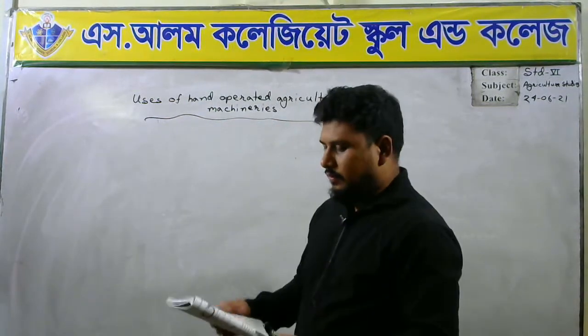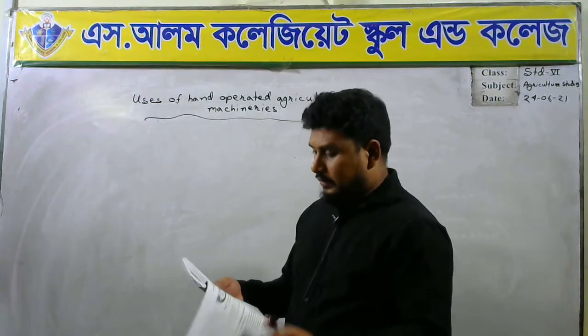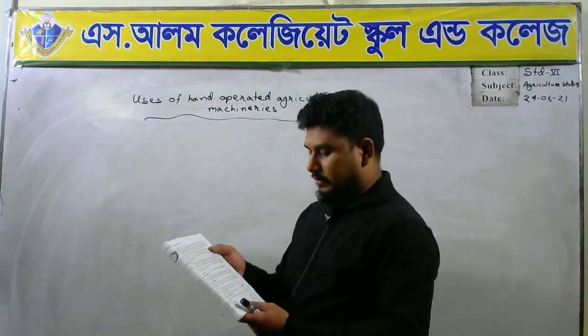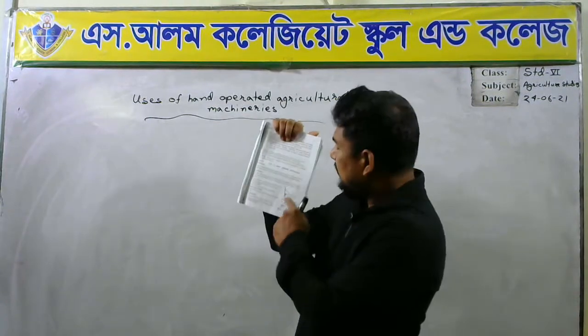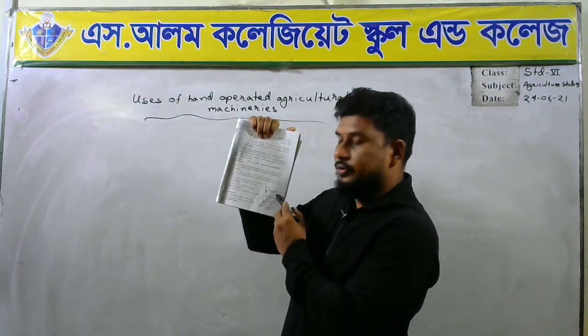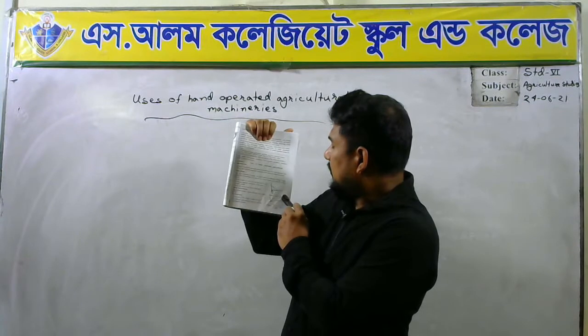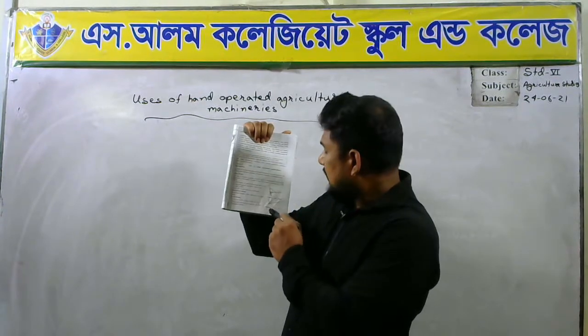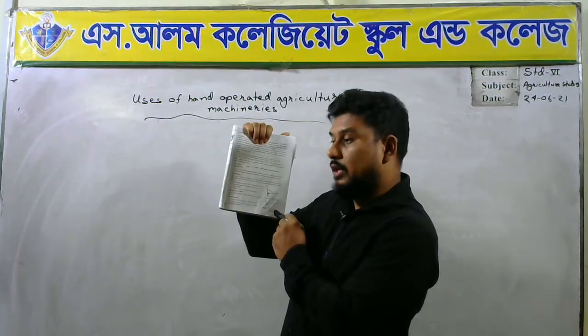Dear students, this is chapter 2, open at page 15. Look at the picture. Do you see the picture? This is bari plow and this is mold board plow.